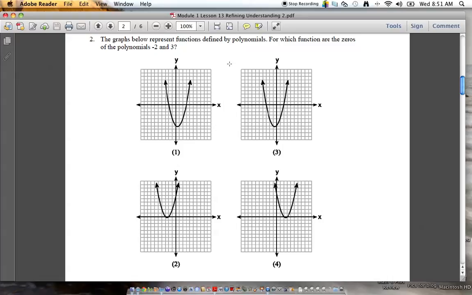Should we do number 3 too? Should we do number 3? Yeah. Emma has an excellent idea.